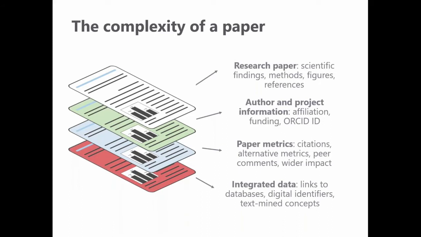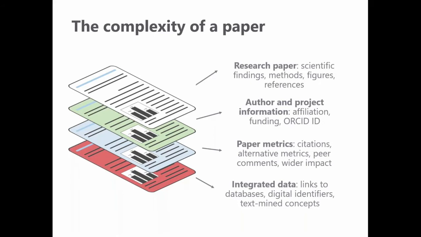Typically, a research paper is not just written text. It is a knowledge base in its own right, where you have different layers of information. You have, first of all, the scientific findings, methods, and the figures information in the paper.